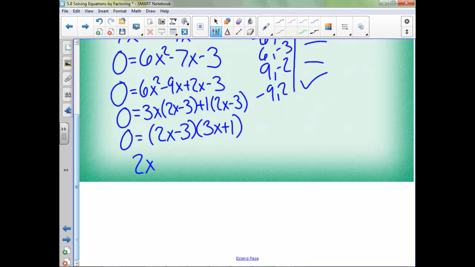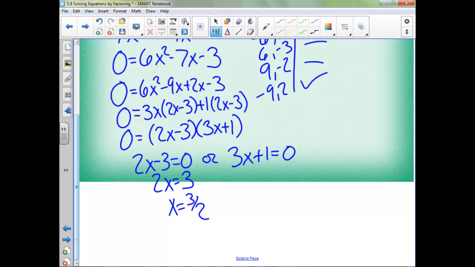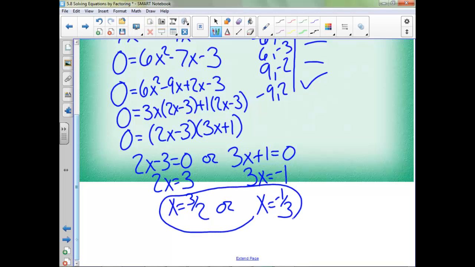So then either 2x minus 3 equals 0 or 3x plus 1 equals 0. So our solutions are 3/2 or negative 1/3.